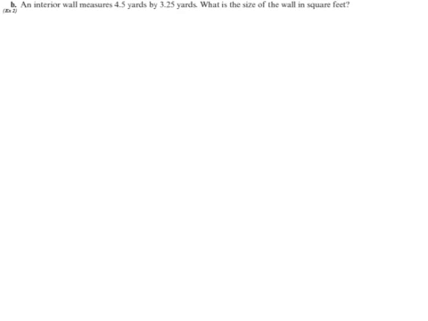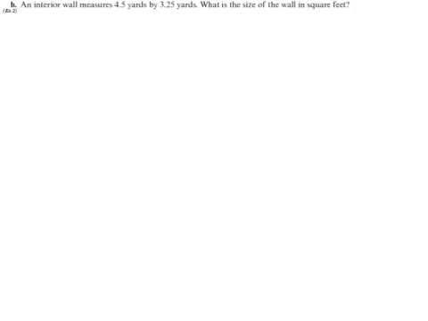An interior wall measures 4.5 yards by 3.25 yards. What is the size of the wall in square feet? The fact that it says square feet tells us that we're dealing with area. So we need to find the area of this wall. A wall is rectangular, so it'll be base times height.